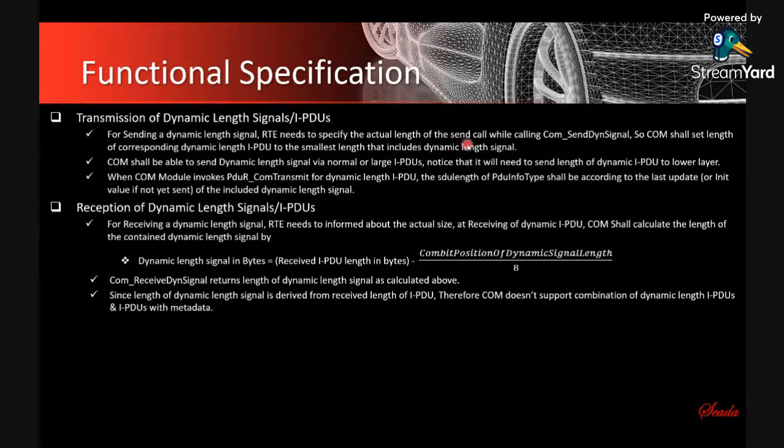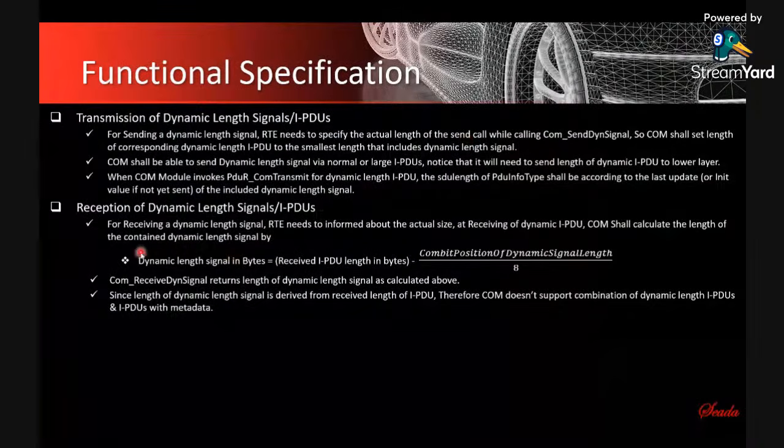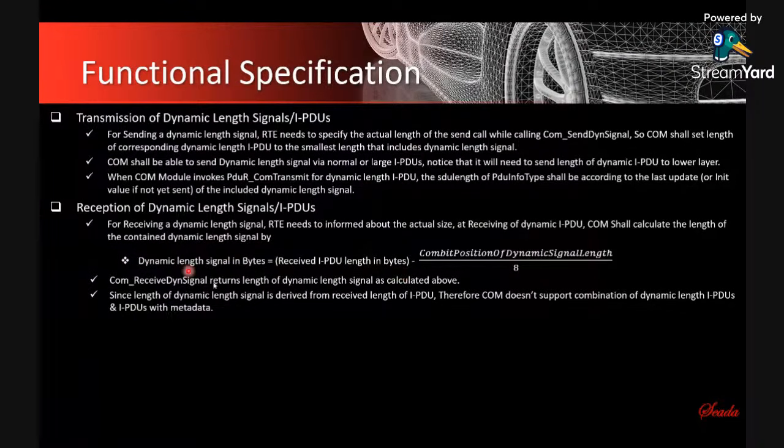So in the transmit, you call Com_SendDynamicSignal, you add the length, you add the value. But on the reception side, how does he know this? He will calculate the dynamic length of signals in bytes by this equation: the received I-PDU length in bytes minus the bit position of dynamic signal length, which is configured on his side, and he will divide it by 8.